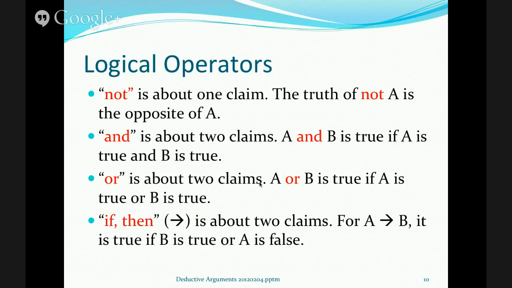A and B is true if A is true and B is true. Or is about two claims. A or B is true if A is true or B is true. If then is also about two claims. For A implies B, it is true if B is true or A is false.